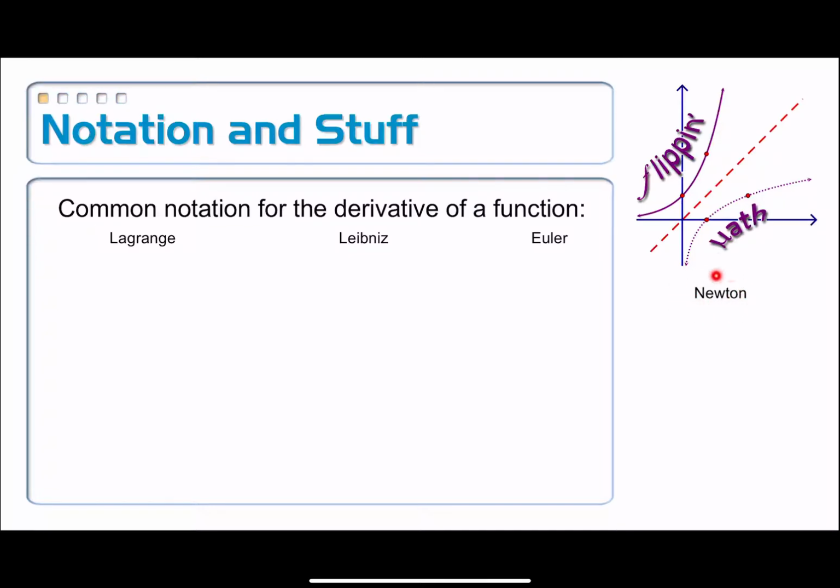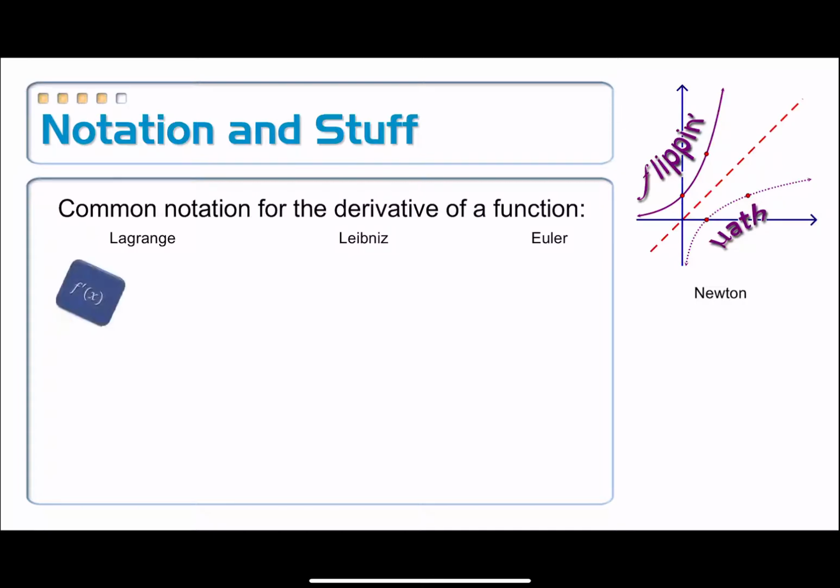He was in England working on calculus at the same time, roughly, that Leibniz over in Germany was working on calculus. Completely unknown to each other, right? So they kind of discovered it around the same time, but you could probably imagine if you're writing something down and somebody else is writing something down, you might write it down a little bit differently, even if it's covering the same exact topic. So we've got different kinds of notations.